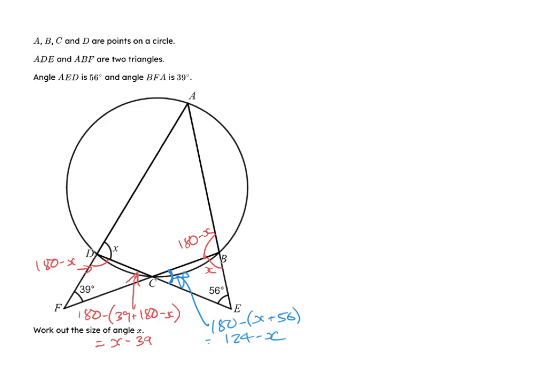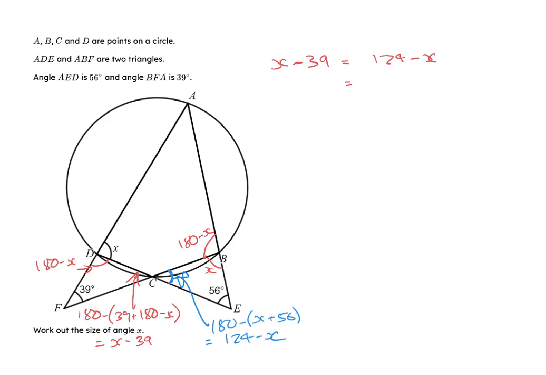Now you hopefully can see where we're going with this, because I have one expression for this angle, one expression for this angle. They are both equal, and they are both in terms of x. So in that case, I can just equate them. So let's do that one at the top. I know that x minus 39 will equal 124 minus x. That's one equation with one unknown, x, so I can solve.